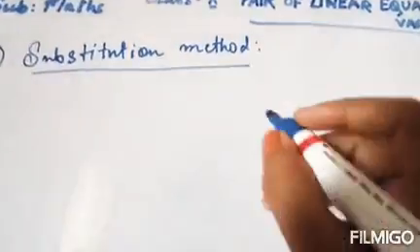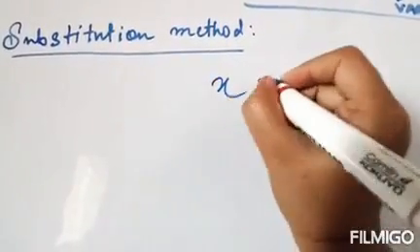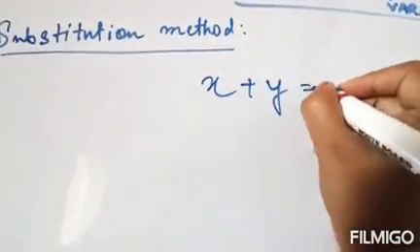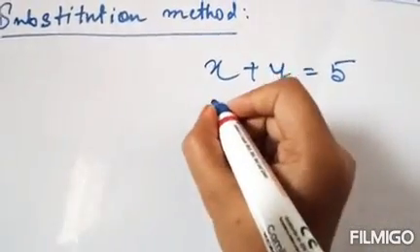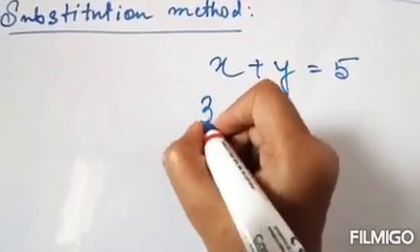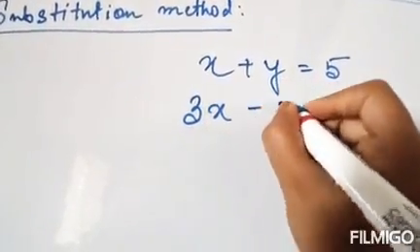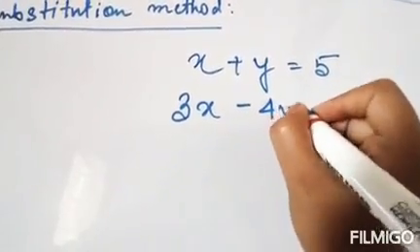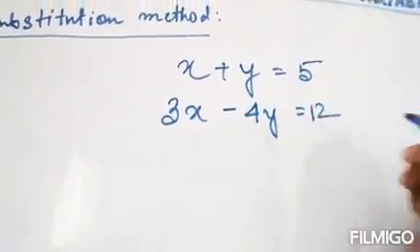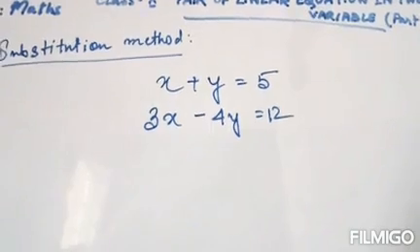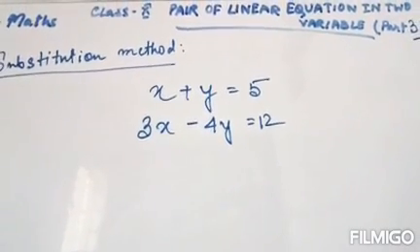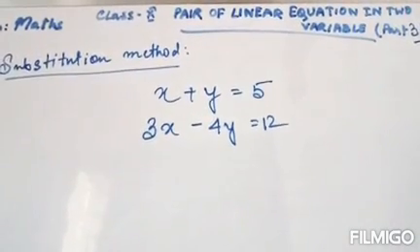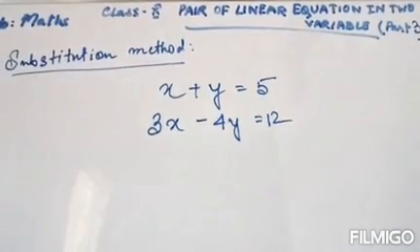Suppose I have two equations: x plus y is equal to 5, and 3x minus 4y is equal to 12.